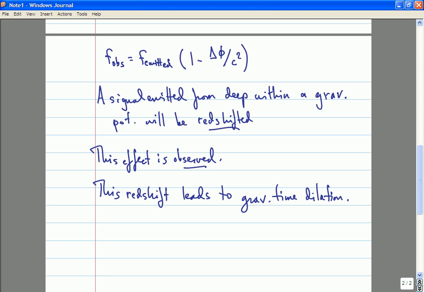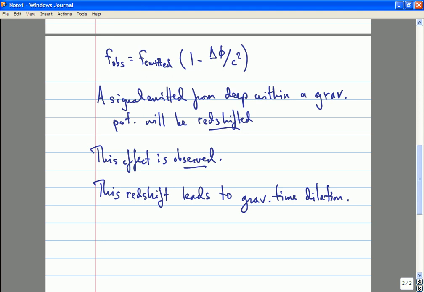Why? Well, let's imagine that we have a source sitting deep in some gravitational potential well. Then the statement that the source is emitting light with some frequency f is really the same as this source which sends a signal once per some time delta t.